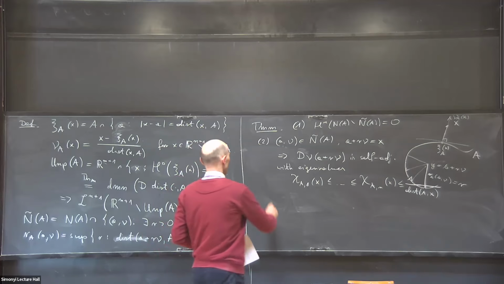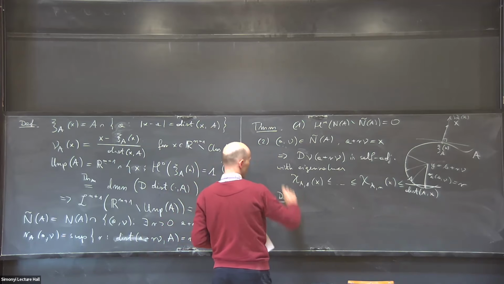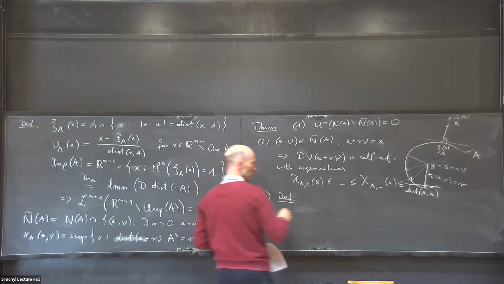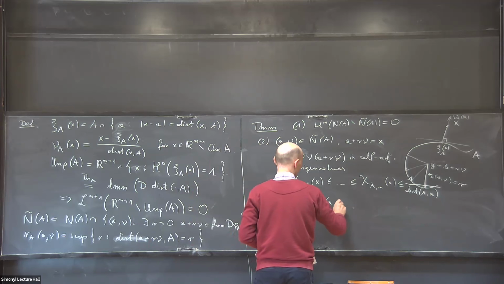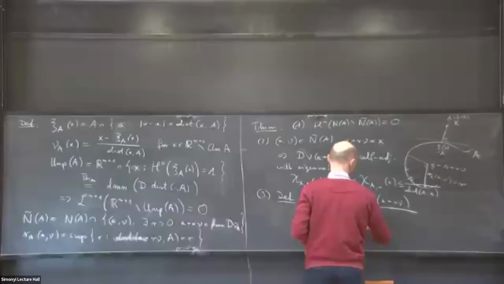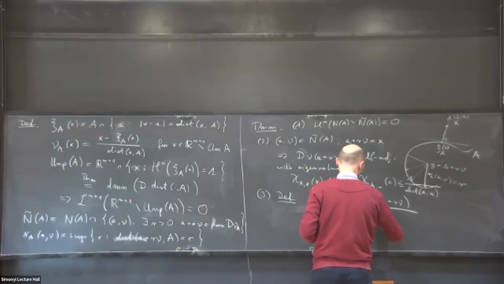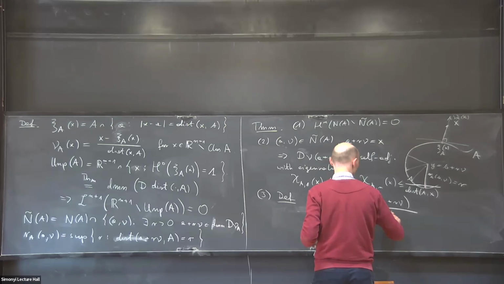Now we can define, well, it's part of the theorem, but the definition is inside the theorem: define R, AI, of A nu to be exactly this number divided by 1 minus R, AI.